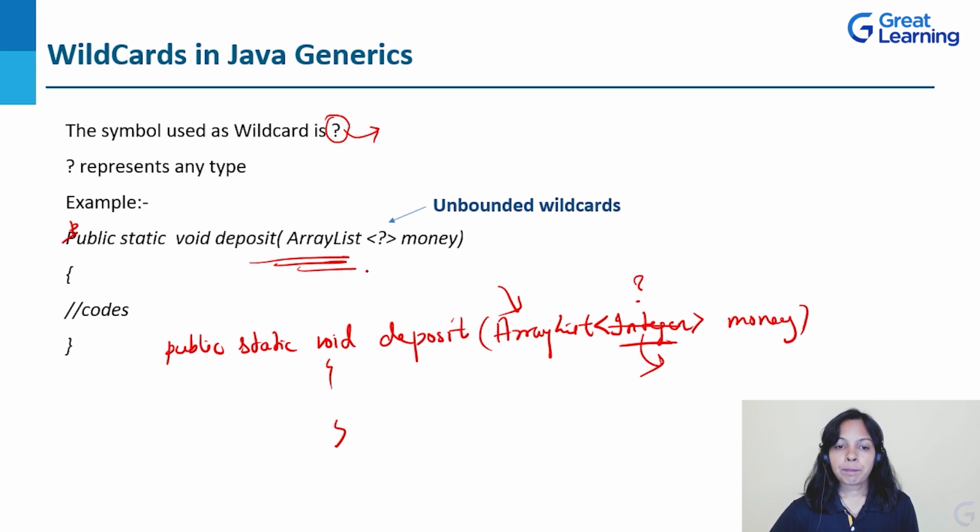Going ahead inside the method, if I want to add or insert integer data into this money ArrayList, there is no error. If I want to insert string data, there also won't be any error, because it can be an ArrayList of any type of data. And this is also called an unbounded wildcard. I hope the concept of wildcard is clear here.